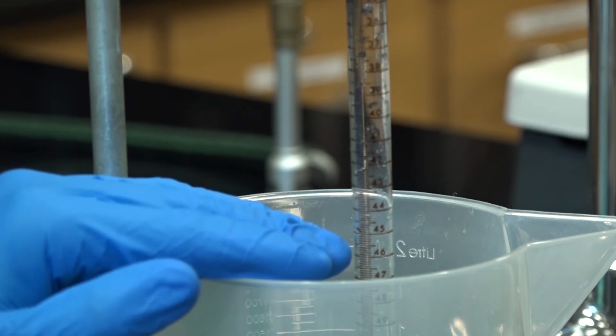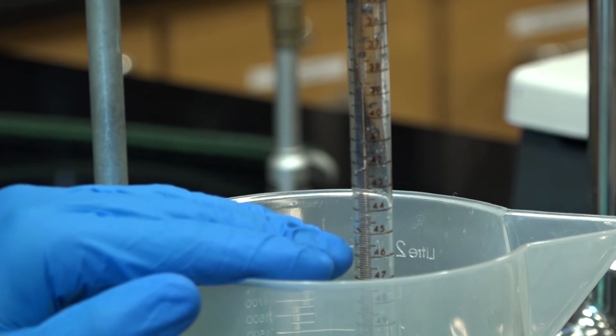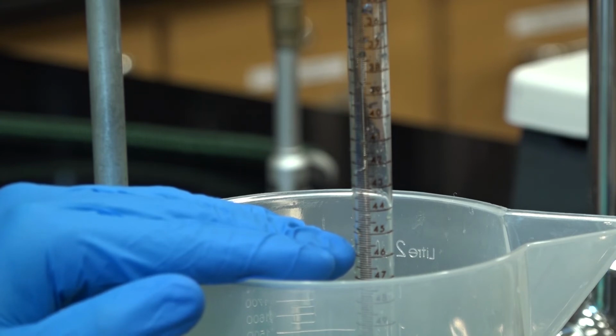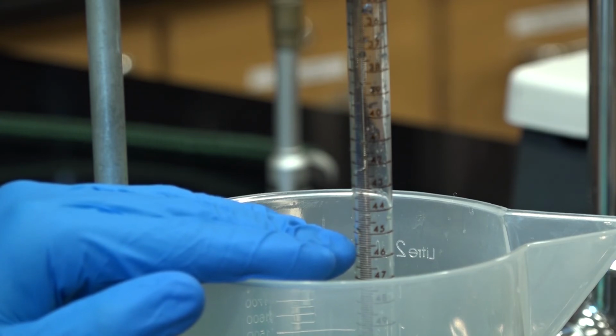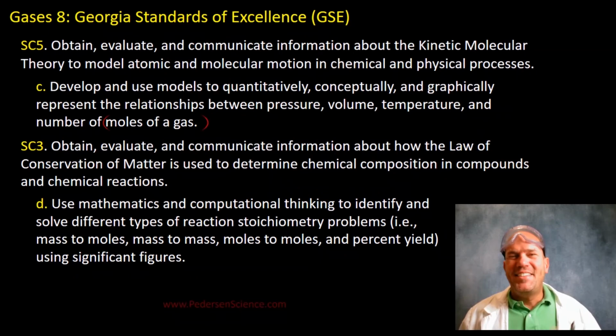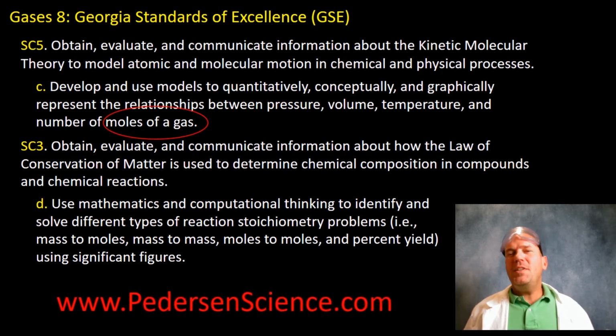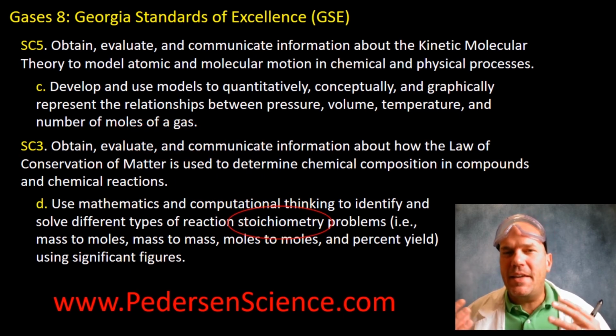From there, you will use the ideal gas law, stoichiometry, and Dalton's law of partial pressures to experimentally determine the ideal gas law constant. So in this video, you've learned how to calculate the molar mass of a gas.